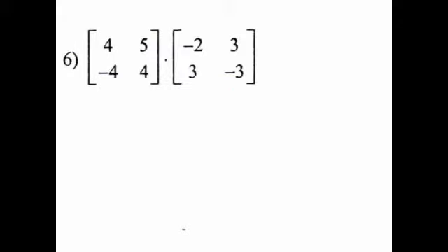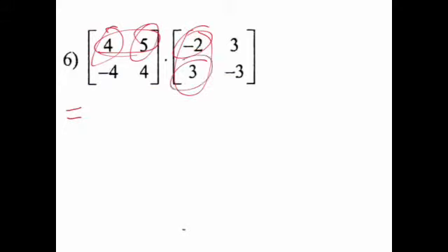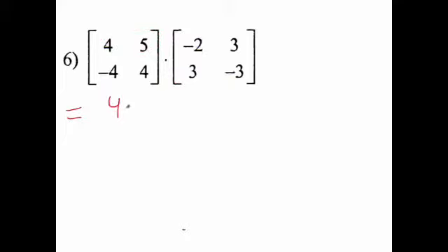Moving on to 6, this is just a 2 by 2 times a 2 by 2, which is pretty standard, and we can do that. Each row times each column, the corresponding entries are going to be multiplied together, and then you add their products. You'll get 4 times negative 2 plus 5 times 3. And that's just going to be for first one. First row times second column is going to give me 4 times 3 plus 5 times negative 3.